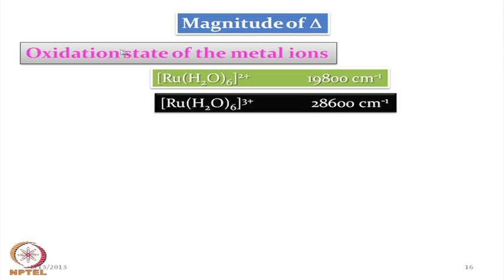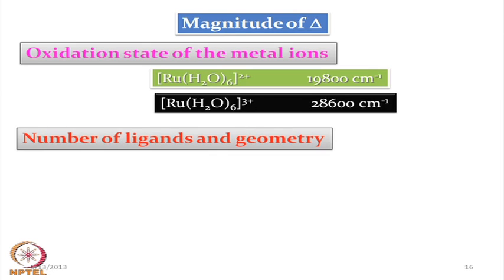But the effect of the oxidation state is drastically observed if we move from +2 to +3, that means the trivalent ruthenium in the same environment, that means 6 water molecules surrounding in octahedral geometry, giving rise to a corresponding delta value of 28,600 centimeter inverse. So definitely it changes with oxidation state. More crystal field is observed as we move from lower oxidation state to higher oxidation state.